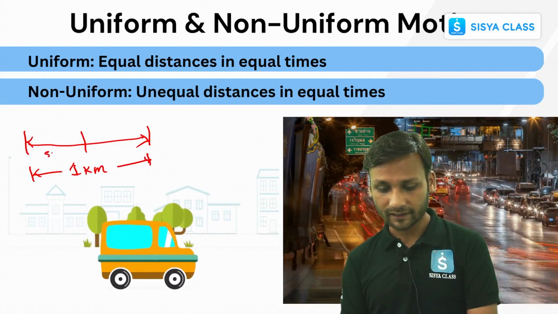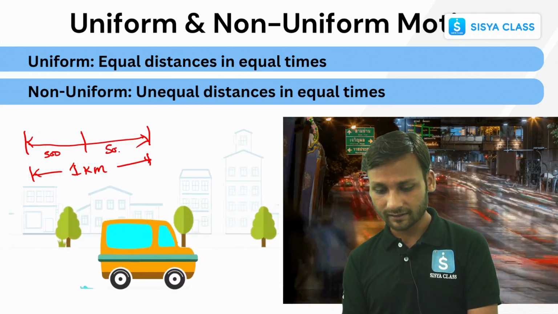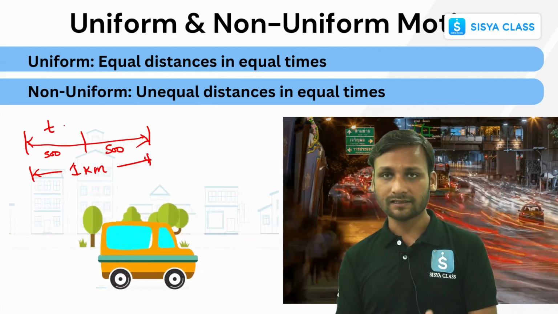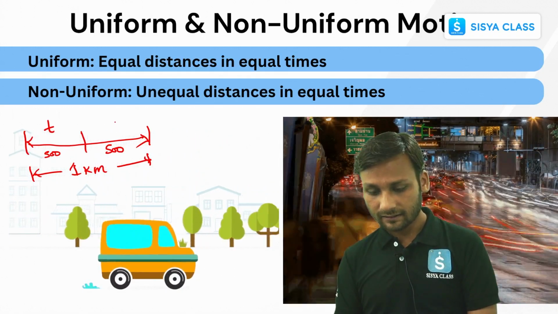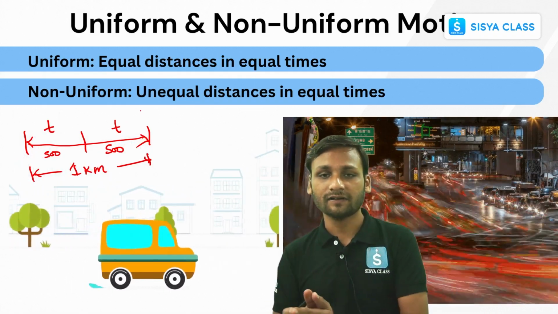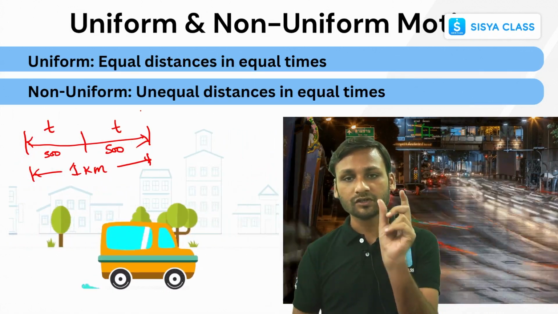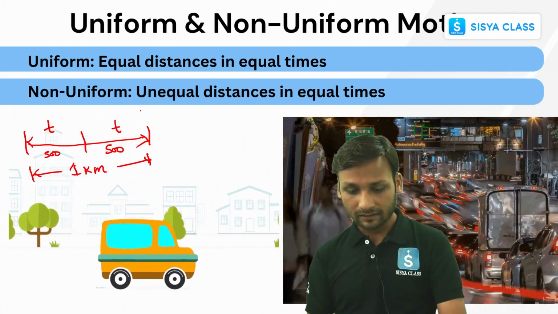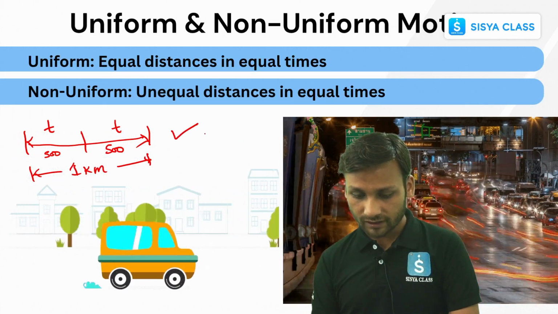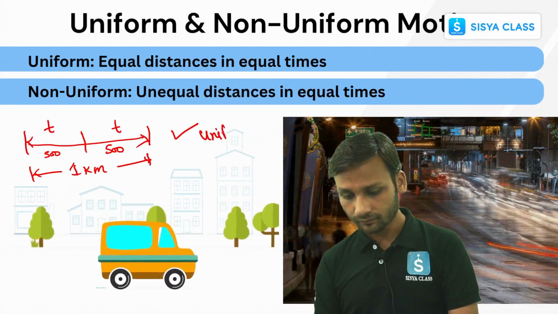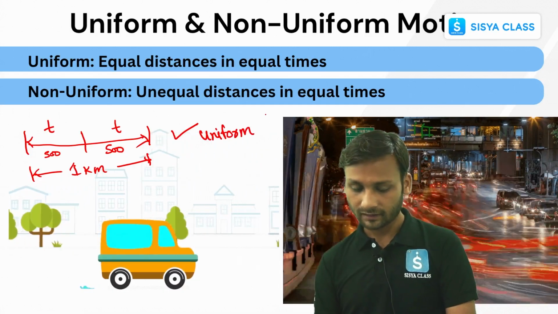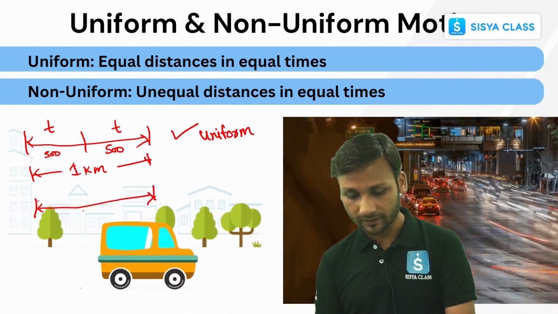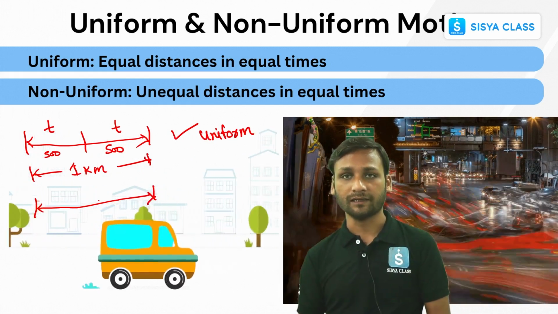So this is 500 meters and this again is 500 meters. Now you travel this 500 meters in time t, and you cover the other 500 meters in the same time t. Means you have covered equal distances in equal times. Got it? In this case the motion is called uniform.